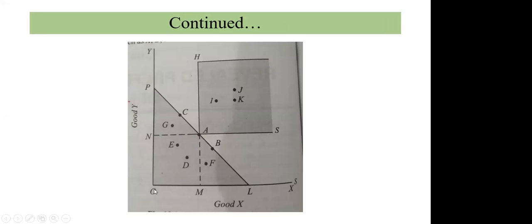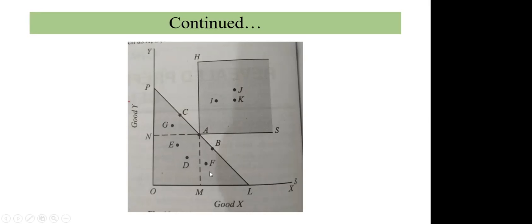While choosing combination A, he is purchasing OM quantity of good X and ON quantity of good Y. When he chooses this combination A, he is preferring it over all other combinations of good X and good Y which are within or on the budget line.